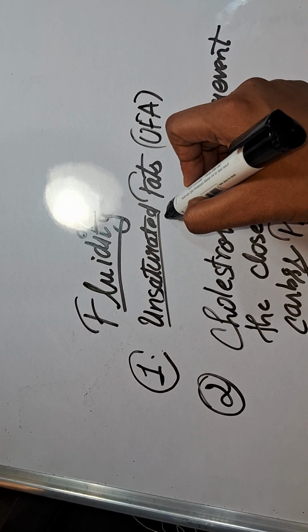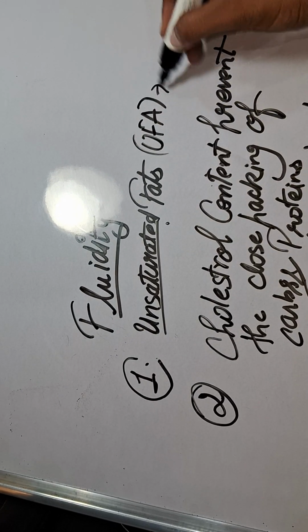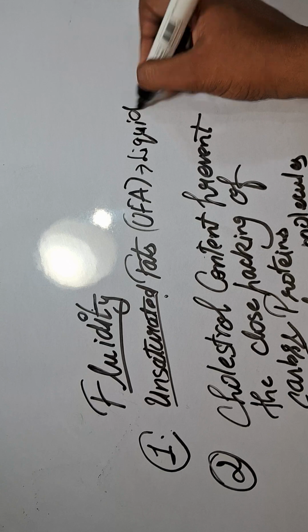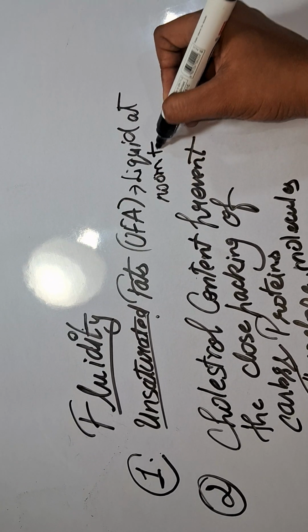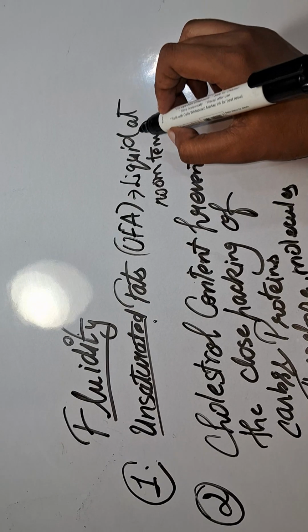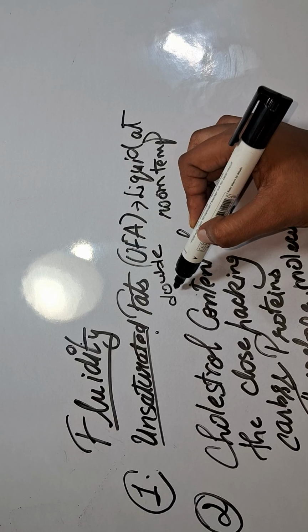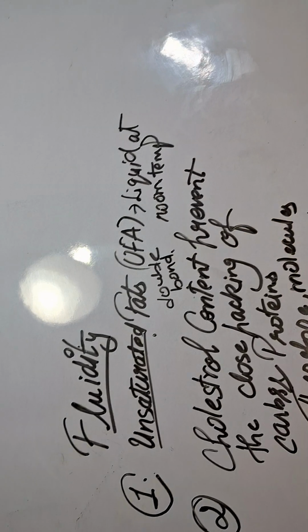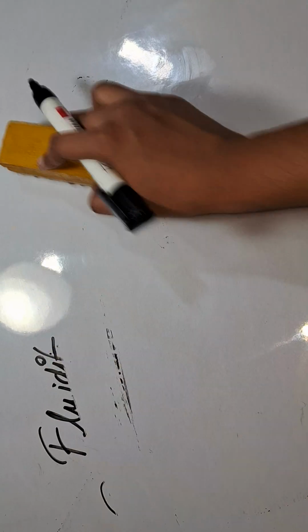Unsaturated fats are fats which are liquid at room temperature. I will write liquid at room temperature. They are liquid at room temperature, as well as they contain the double bond. Okay. These are the two basic reasons which provide the fluidity to our phospholipid bilayer.